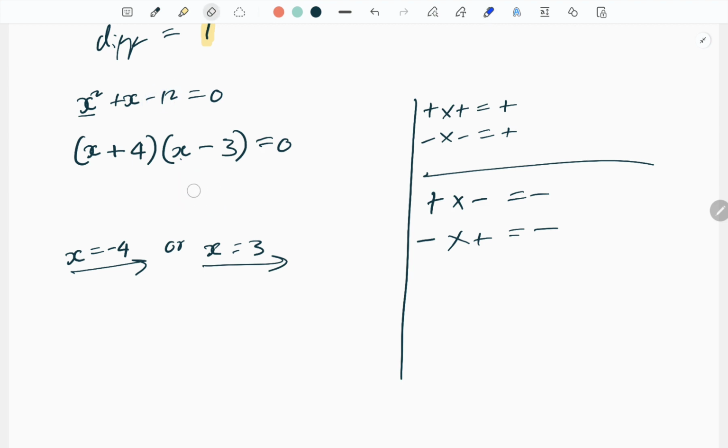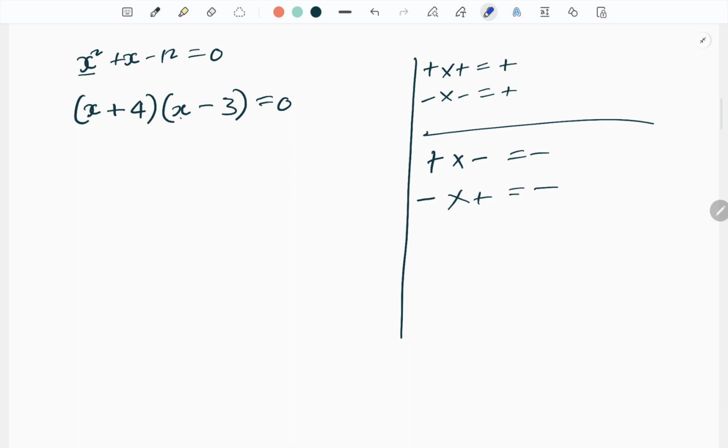Now there's another way of doing it. We're going to check the middle term. So the middle term is going to be this term here. What you do is multiply this constant with x, and then this constant with x, and then you add the two, and it should give you this middle term here.